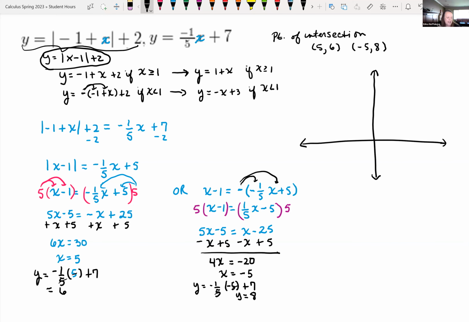I know that the negative 1 inside that absolute value is a horizontal shift. And that horizontal shift is moving it to the right one. And that plus 2 is a vertical shift. And so technically, I would have 1, 2 as the corner of my V shape.